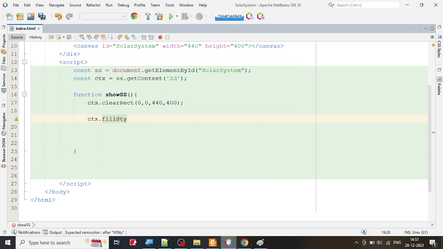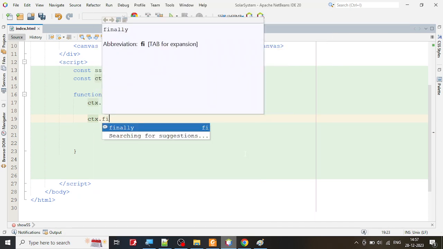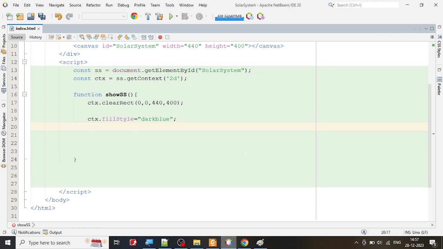Okay, let me just save it first so that it gives me some help. ctx dot fill style. Okay, and I'm going to take dark blue as my color. So I'm going to fill it with the dark blue color. That is done, I've selected the color.